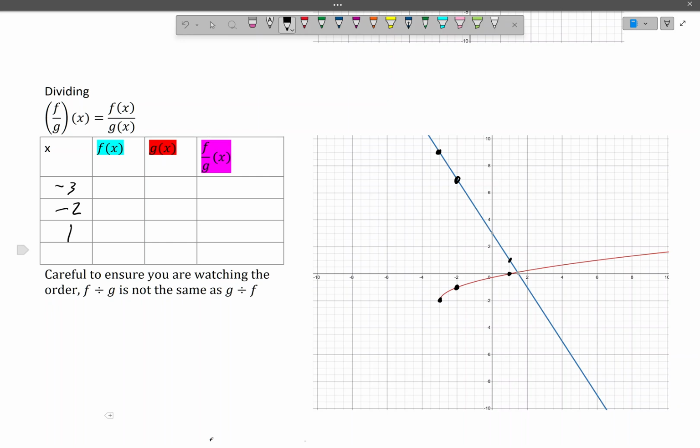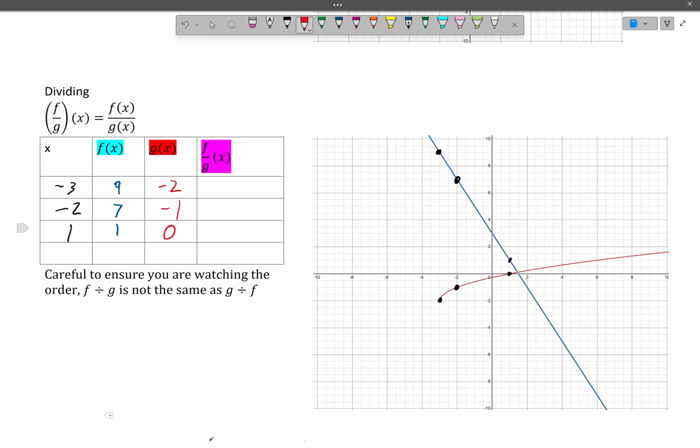There are other points that look like they might be close, but I don't think anything else exactly lines up with the corner. So the blue one is 9, 7, and 1. The red one is -2, -1, and 0.